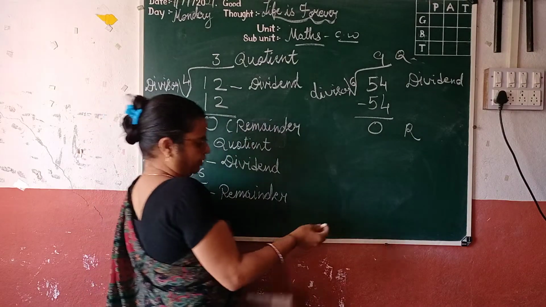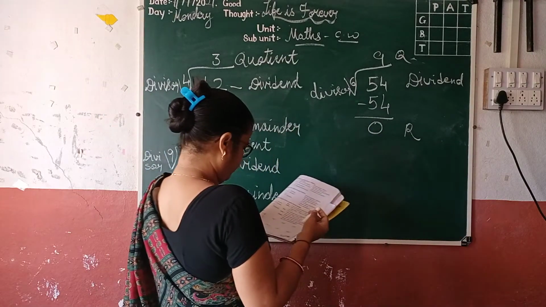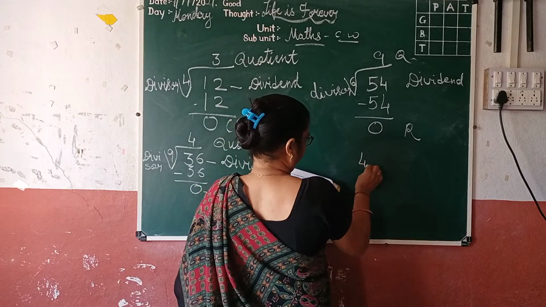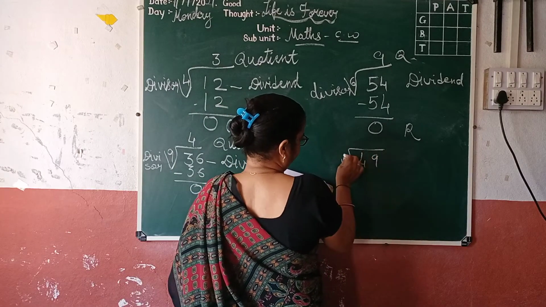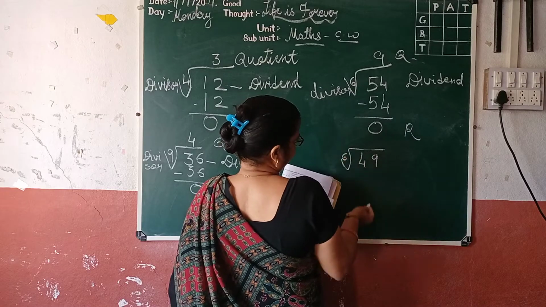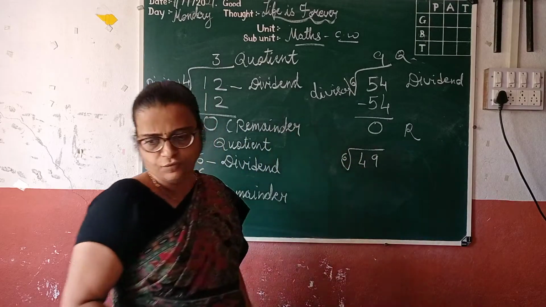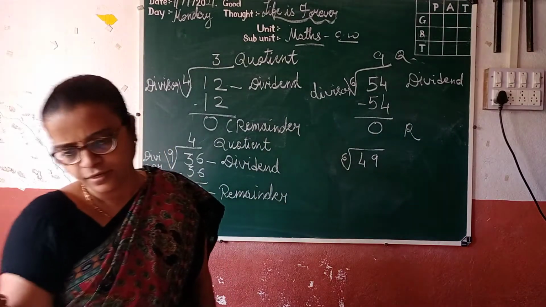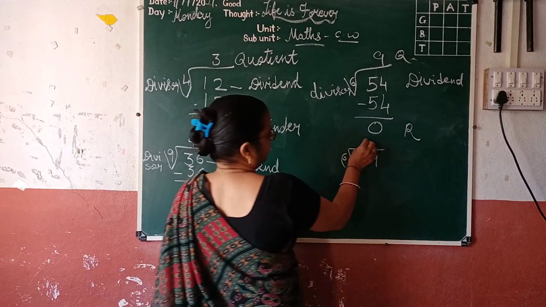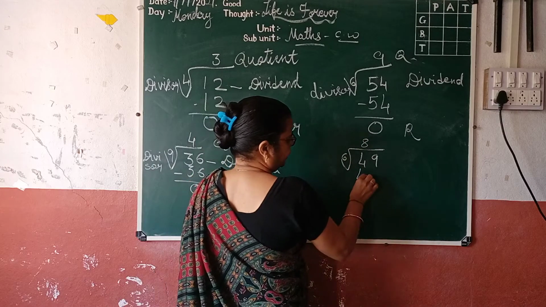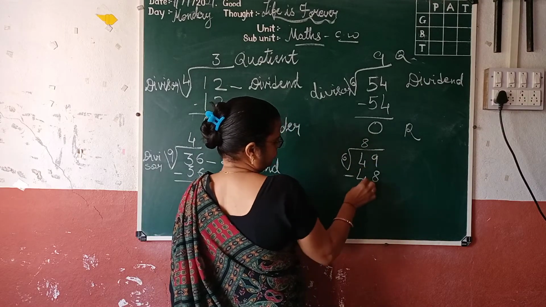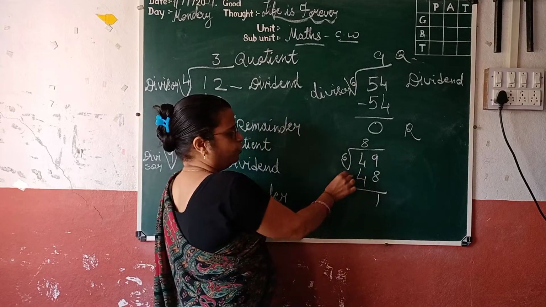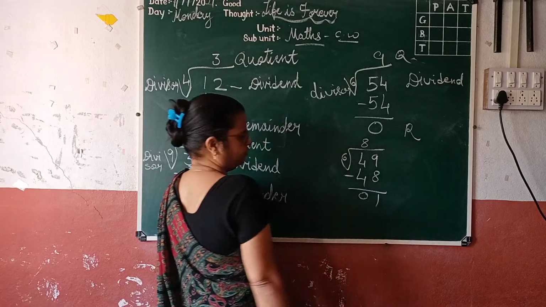So now look here, another: 49 divided by 6. So 6 8s are 48. So 9 minus 8 is 1, 4 minus 4 is 0.